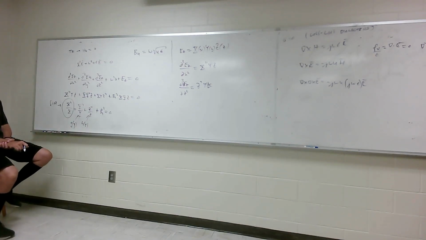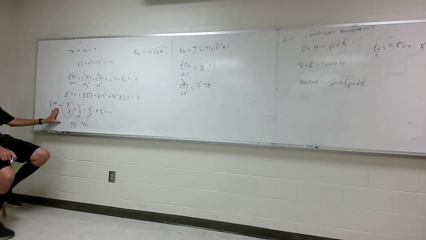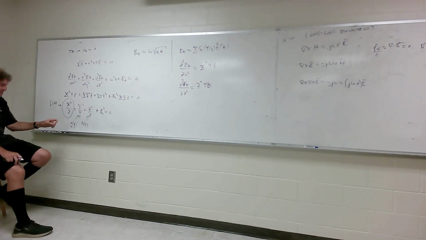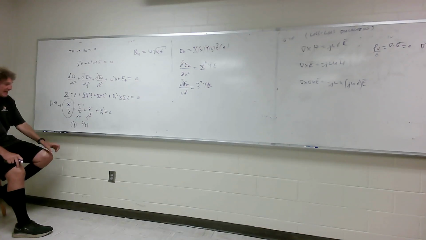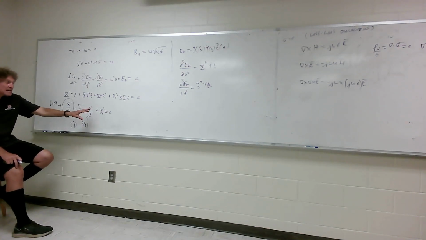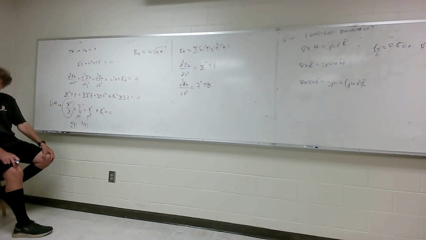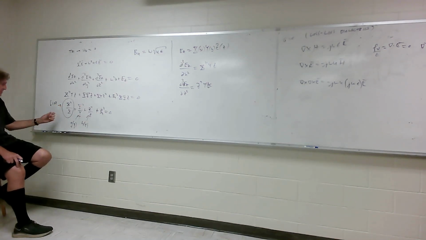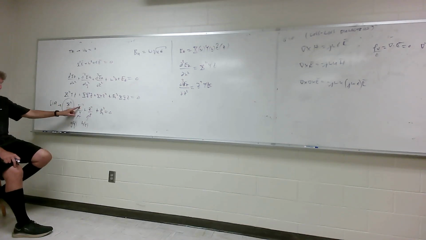This is a real important point. That means if you have just a function of x, and you're adding it to just a function of y, and you're adding it to just a function of z, and it's equal to a constant. If I took beta and got it to the other side, it would be a constant. Do you all see this? The only possibility is all these terms are just constants.